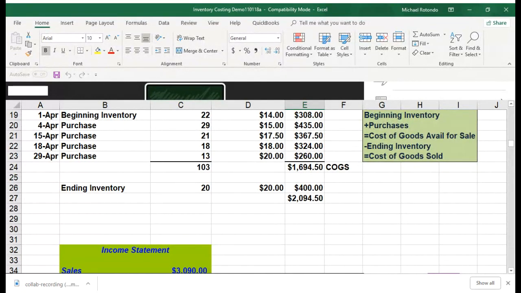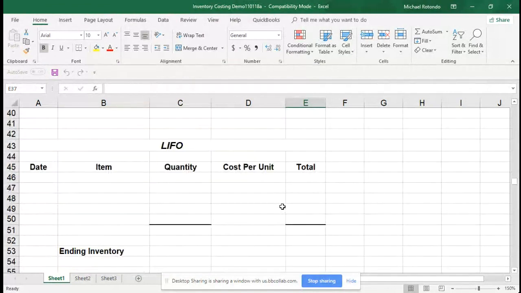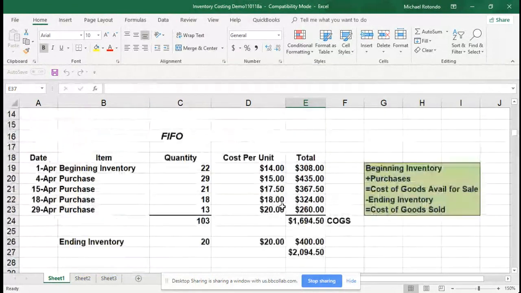So in our last video, we looked at calculating cost of goods sold under FIFO, first in, first out. Now we're going to look at how we calculate cost of goods sold under LIFO, last in, first out. So LIFO is calculated very similarly.